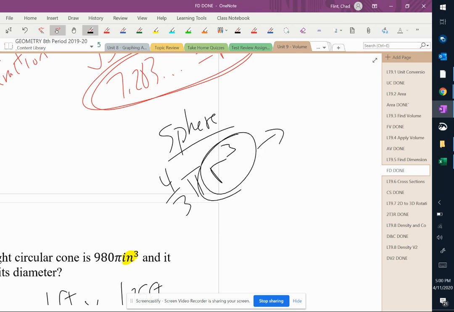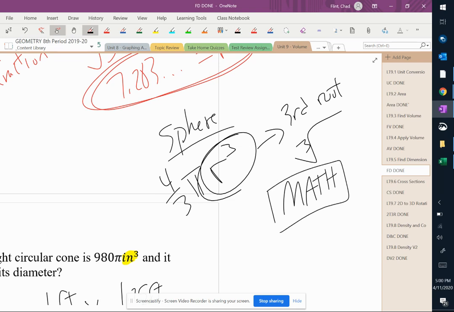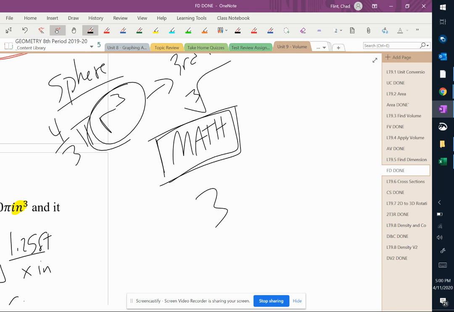To get rid of a third power, you're going to use a third root, which comes from the math button. Do not type into your calculator 3 and then square root. That is not the same thing. You have to use the math button, and you'll see some examples like this in this file. Make sure you try them out and see what's going on with them.